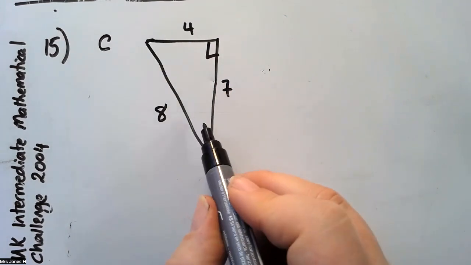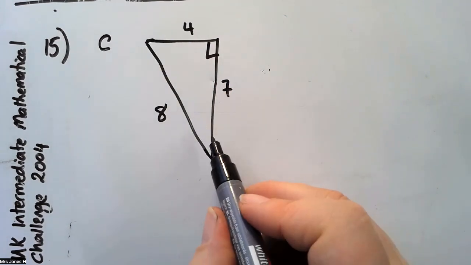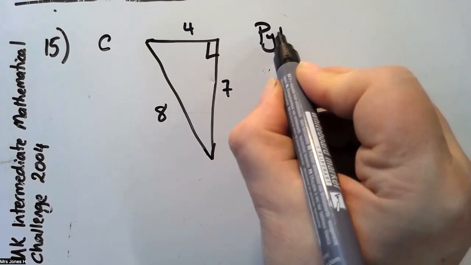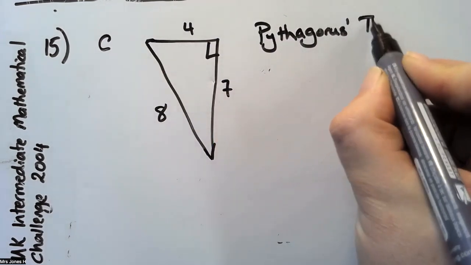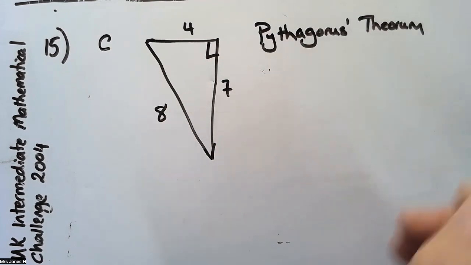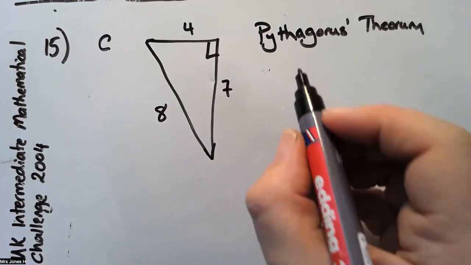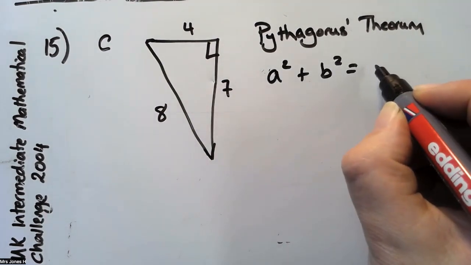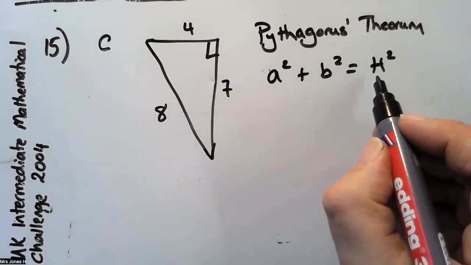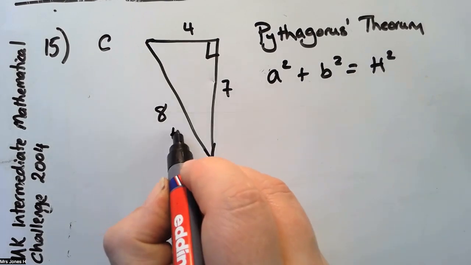So this is a right angle triangle. When we see a right angle triangle, we're thinking about Pythagoras's theorem, which is a squared plus b squared equals c squared, or I quite like h squared because it talks about the hypotenuse for some later math.